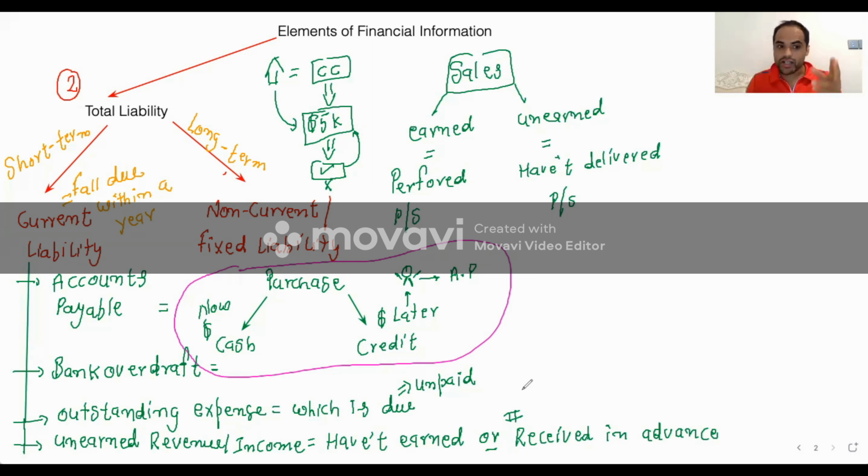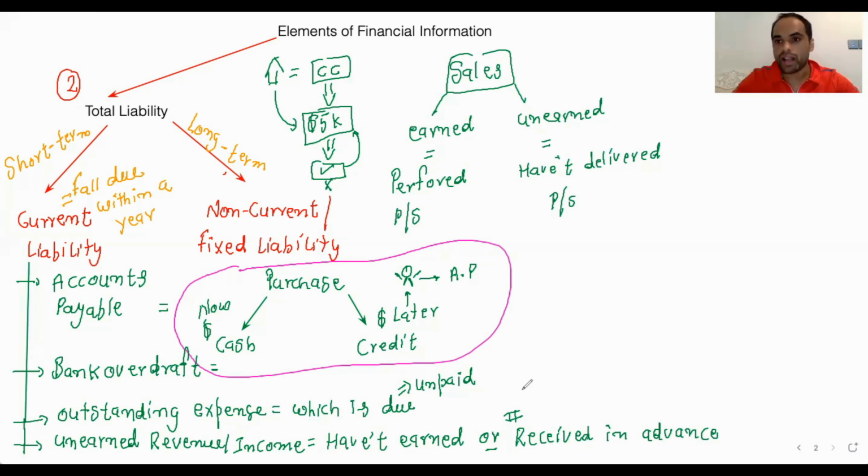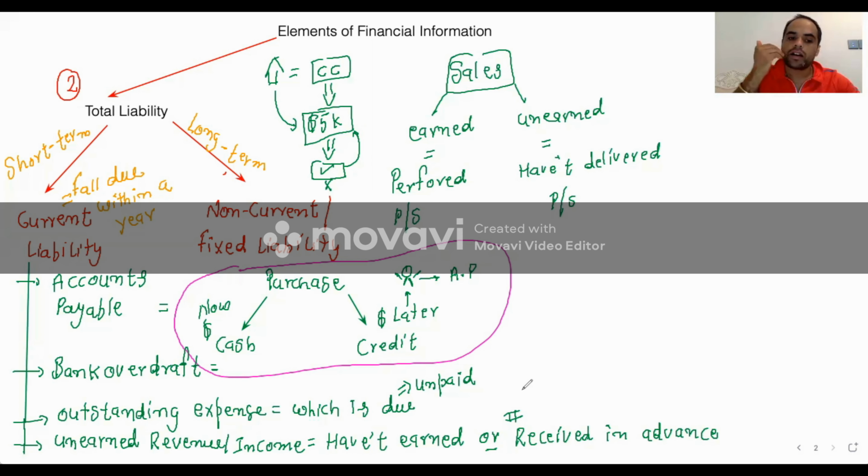That's why this is your liability. And why current liability? Of course, you have to deliver this product or service in a short period of time. That's the meaning of unearned income.